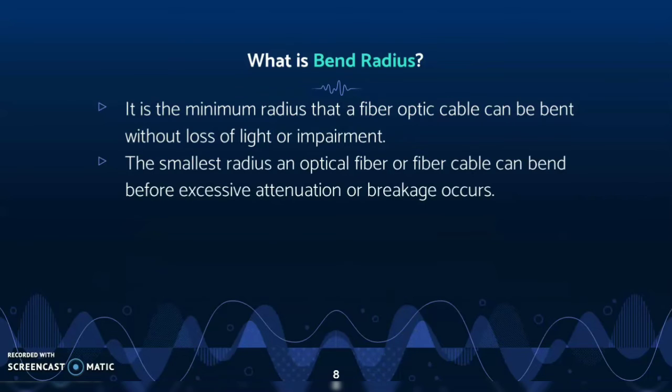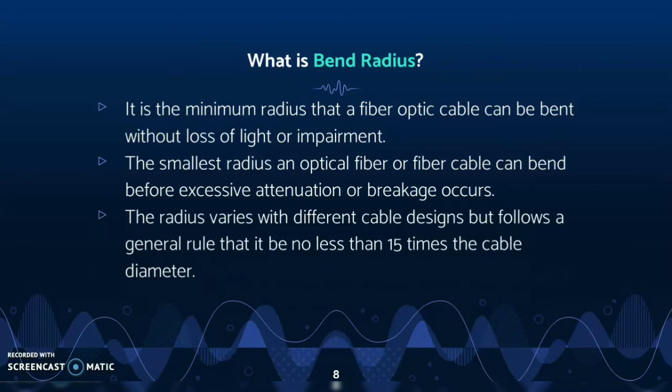It is the smallest radius an optical fiber or fiber cable can bend before excessive attenuation or breakage occurs. The bend radius varies with different cable designs but follows a general rule that it can be no less than 15 times the cable diameter.